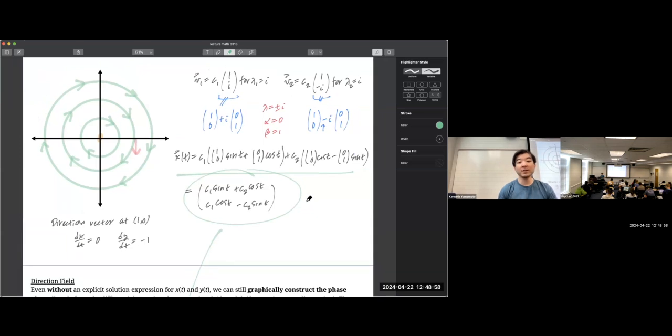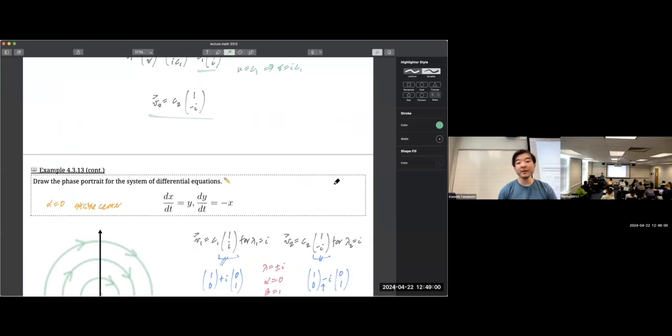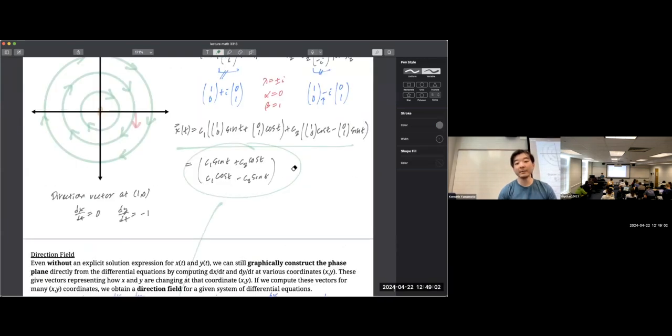I do want to mention though that if you had, say, alpha equal to 0, so you still have a stable spiral, but let's say you have a direction vector that looks like this.